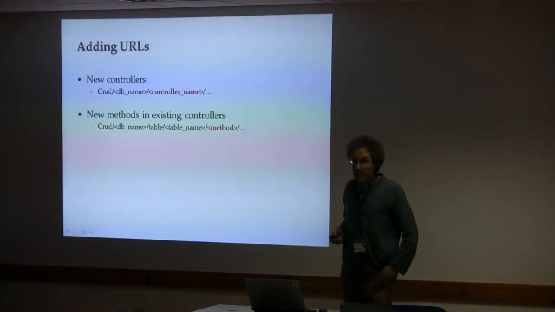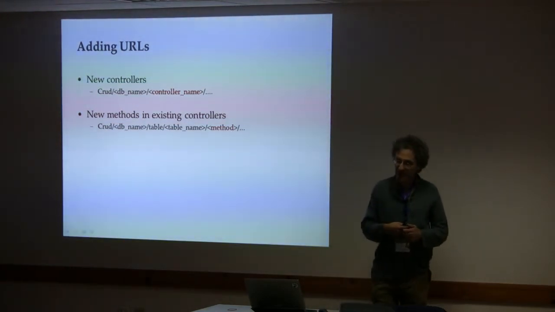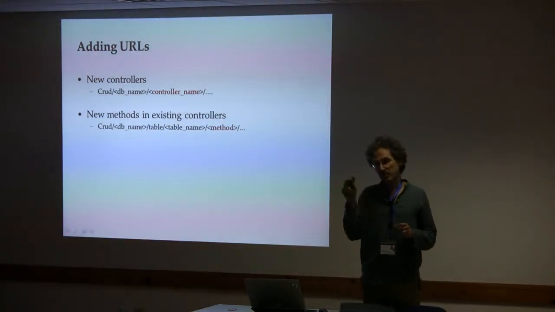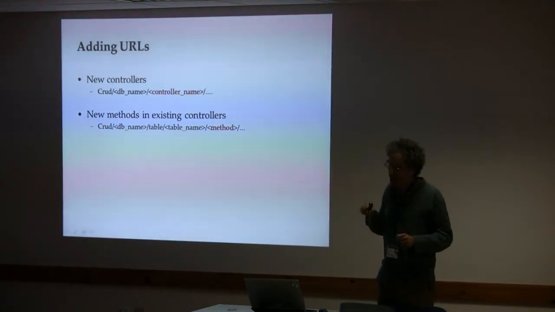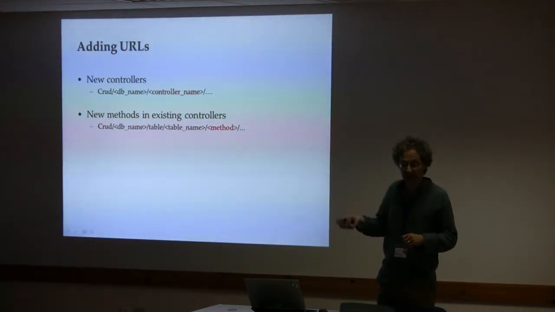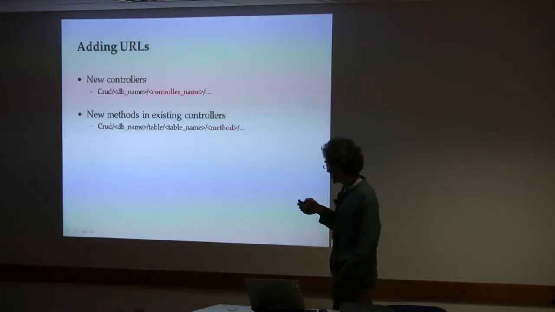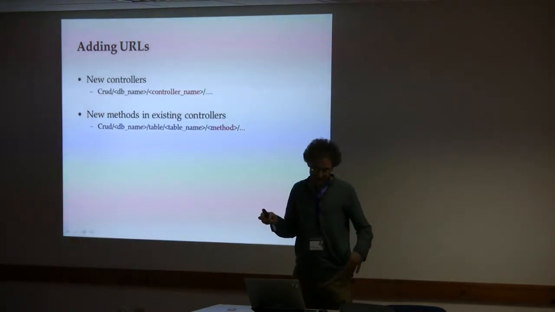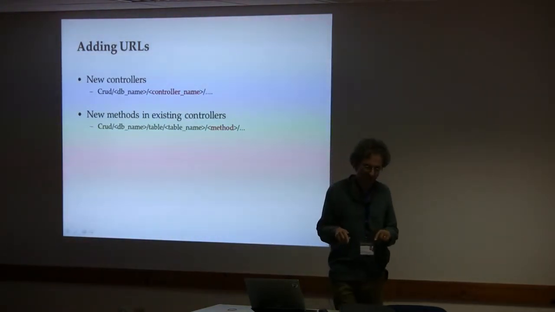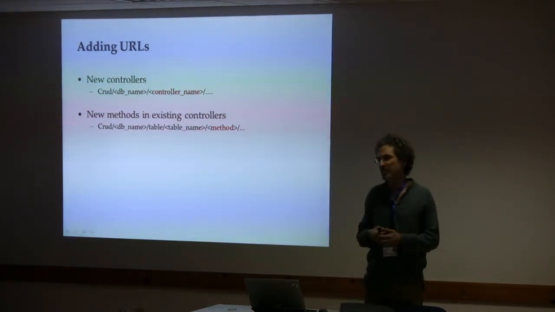If you add some new controllers, these automatically become some new URLs. If you add some methods in one controller, again, it becomes automatically a new URL. So this is how it is done now. I would say it's more or less because of laziness on my part.